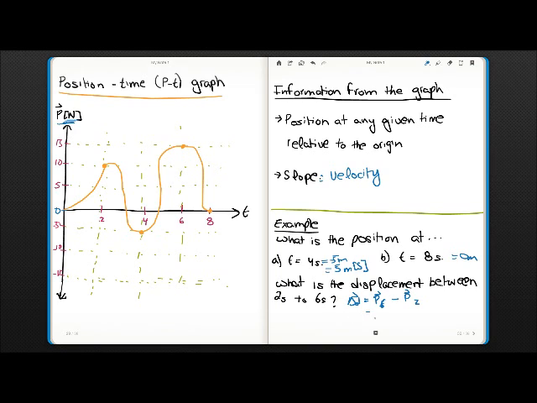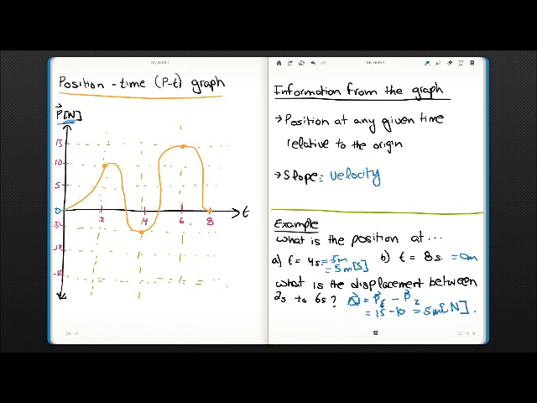And P6 is, running out of space, 15 meters north, so it's plus 15, minus the P2, which is plus 10 meters, giving us a final displacement of 5 meters. And make sure you put the brackets N for north. So the answer is 5 meters north of the origin.